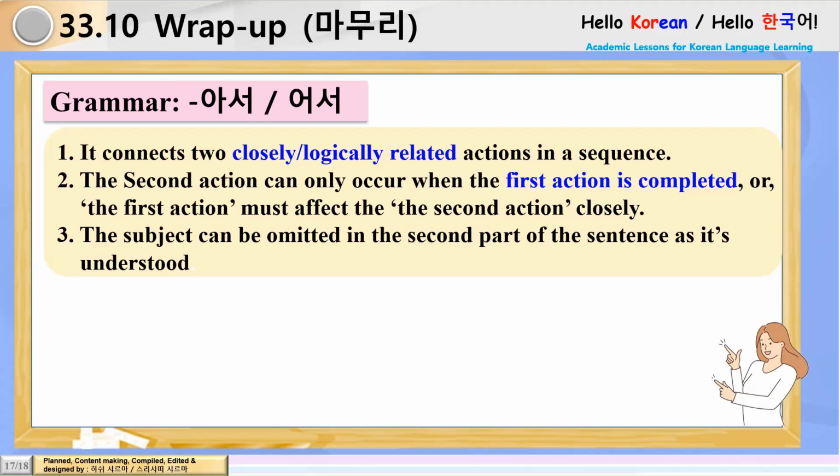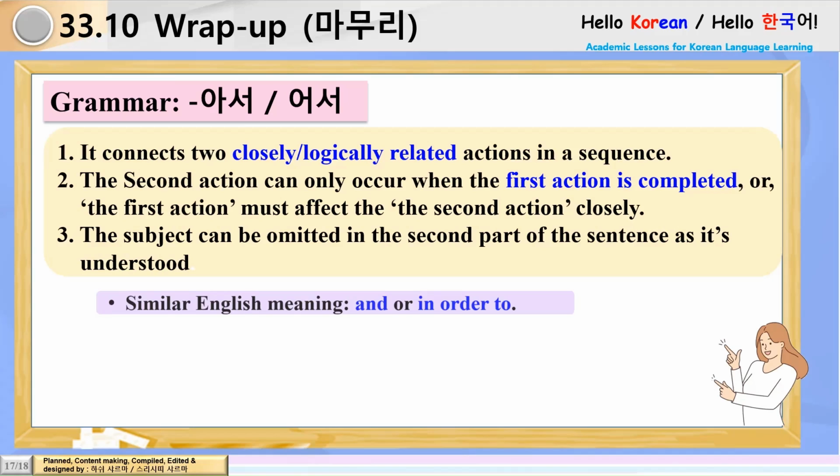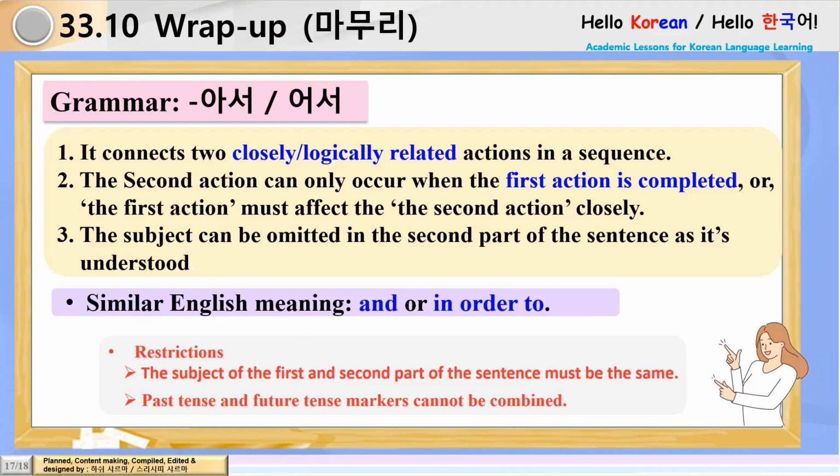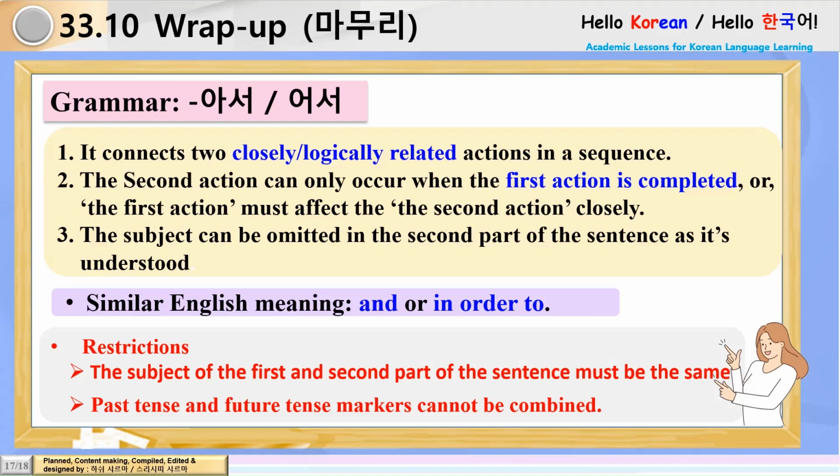Number 3, the subject can be omitted in the second part of the sentence as it's understood. Next, similar English meaning: and, or in order to. Restrictions: subject of the first and the second part of the sentence must be same. Past tense and the future tense markers cannot be combined.